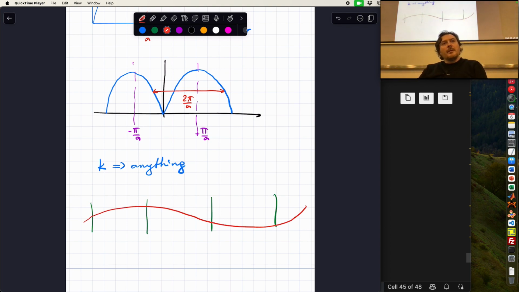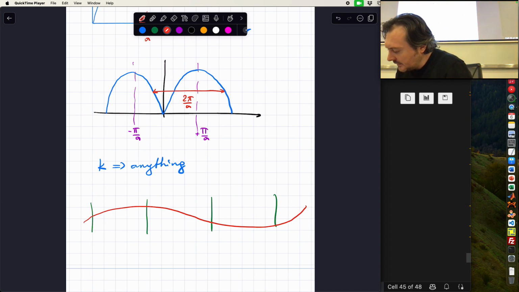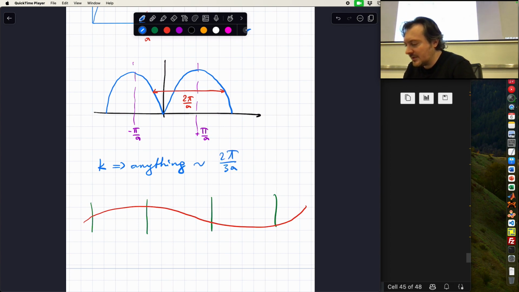K is long enough, short enough, sorry. What is the wavelength, approximately? K is sort of 2 pi over 3a here. Would you agree with that? Because it comes back after 3a.